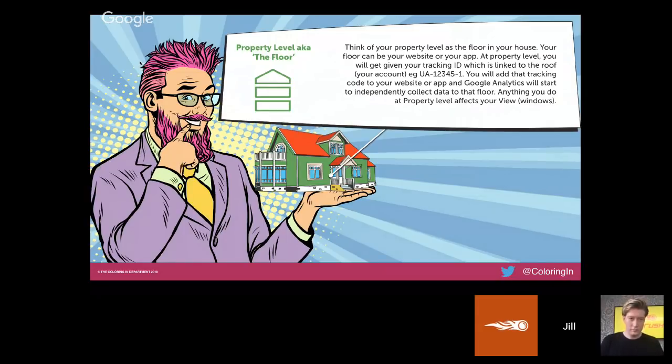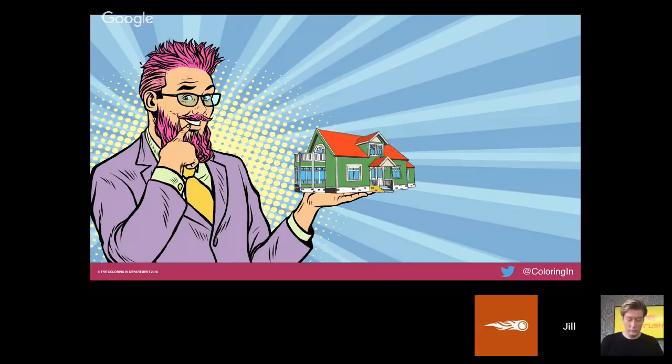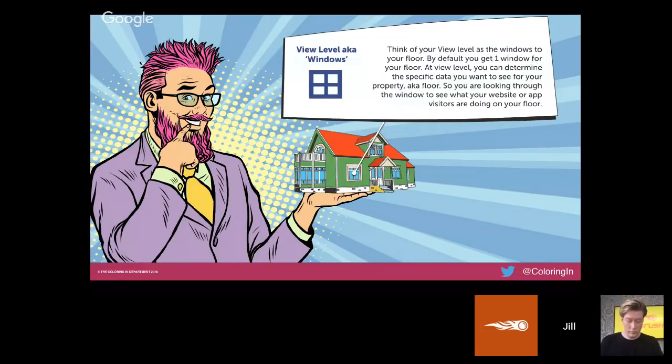Now, anything that you do at property level will affect your windows, and windows are a way for you to look into your floor and see what people are doing. So we obviously, as marketeers, want to bring visitors to our house. We want to party, we want to entertain them, we want them to sit down and read content and have a cup of tea and hopefully leave doing some sort of profitable customer interaction.